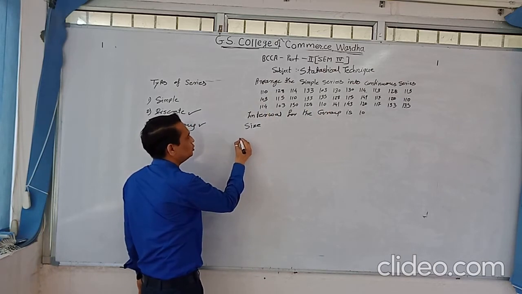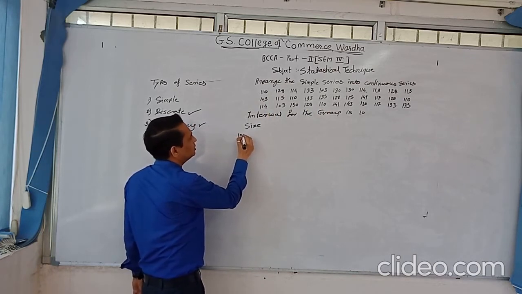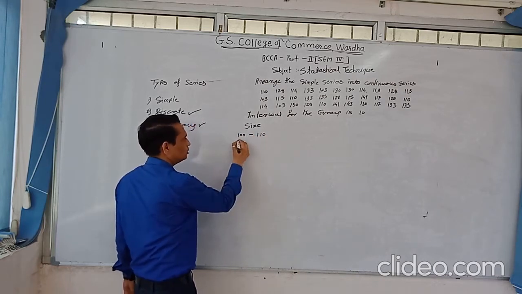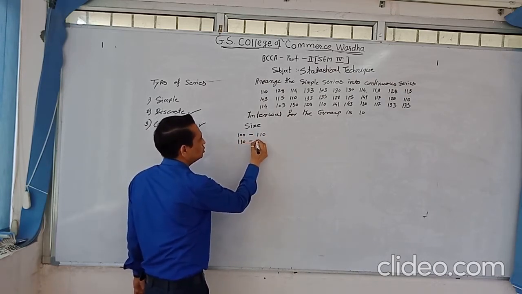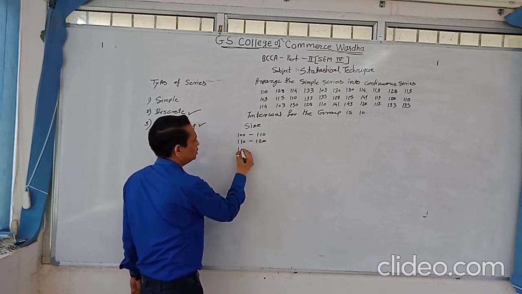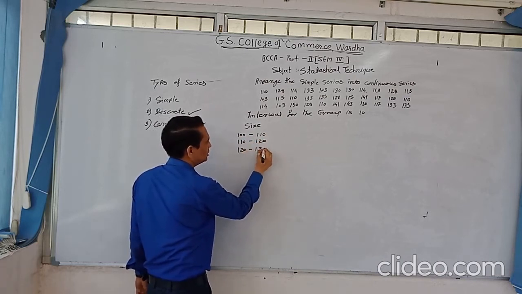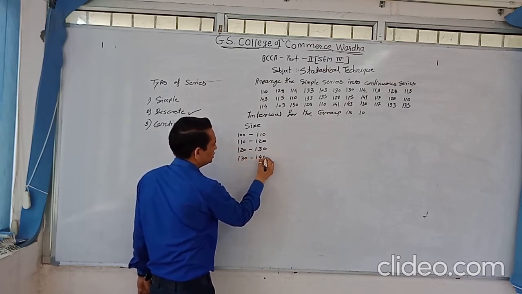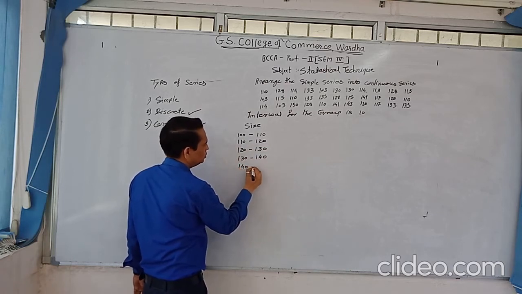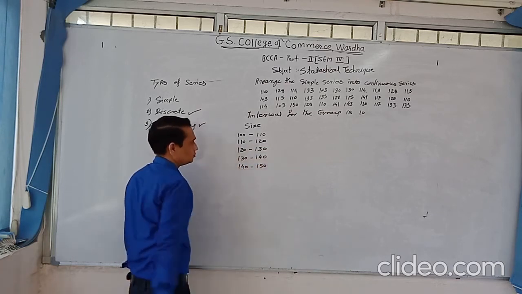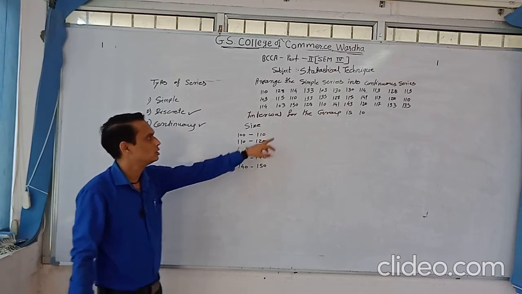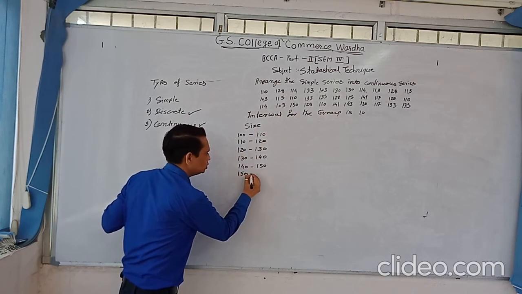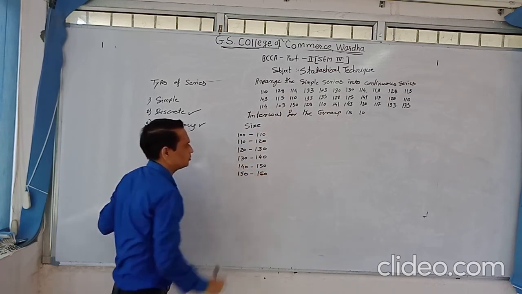So the first group should be 100 to 110. Second group 110 to 120. 120 to 130. 130 to 140. 140 to 150. Okay, the highest element is 150, so 150 to 160.